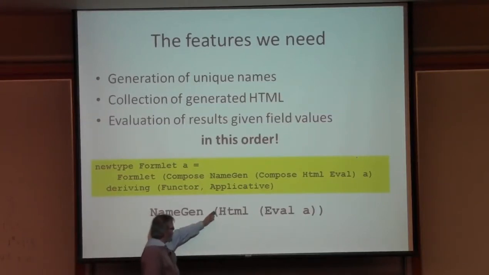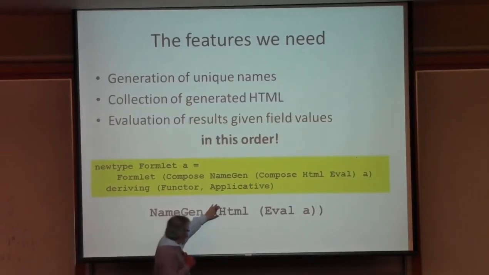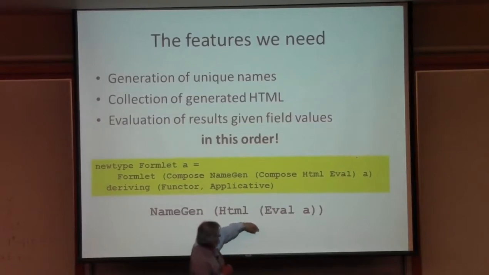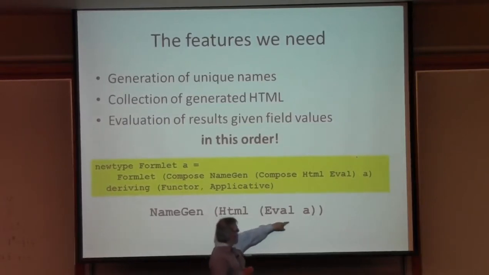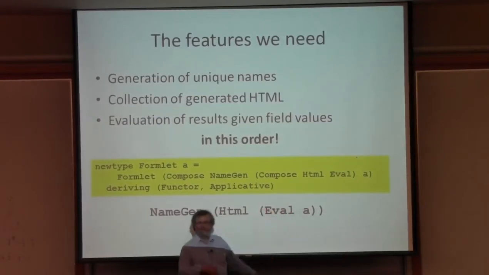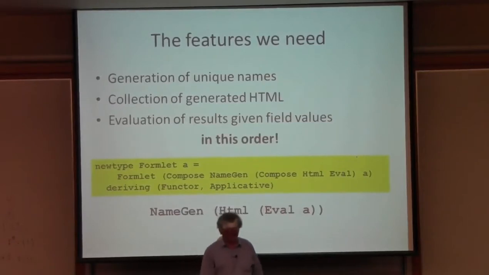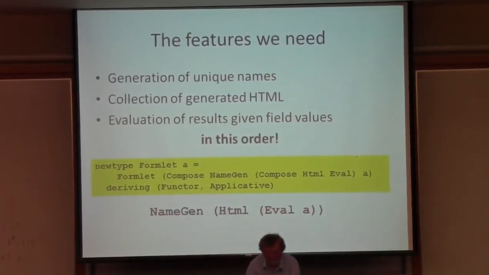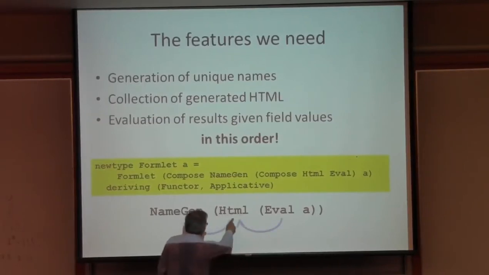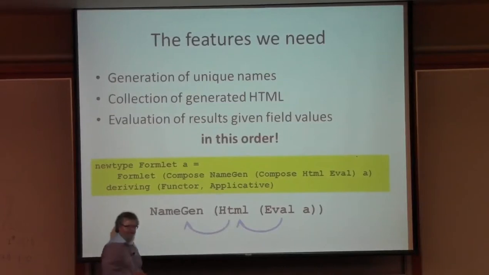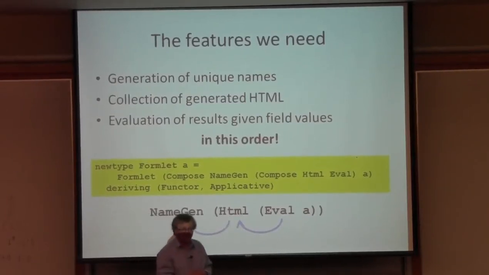Then once we've done that, we can get hold of the HTML. We can ship it off to the browser. After we've generated the HTML and sent it off, then we can get hold of the evaluation function when we need it to evaluate the results that come back. So evaluation depends on the HTML. The HTML depends on the name generation, and that's why we have to compose them in this order.